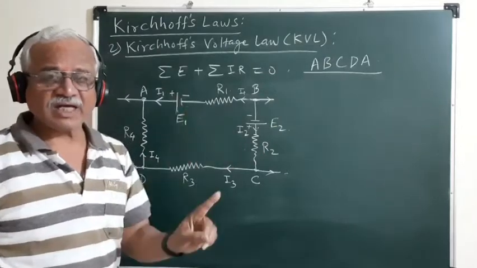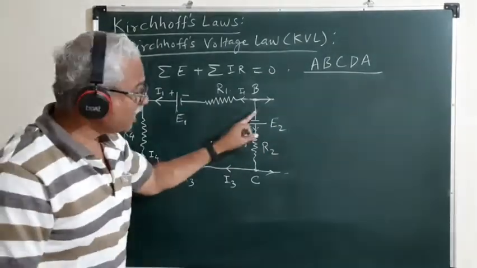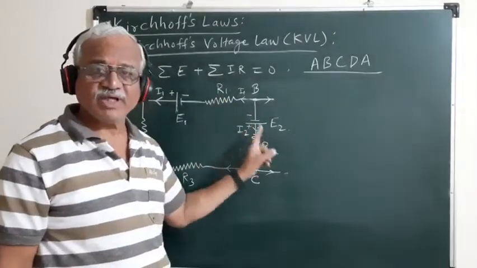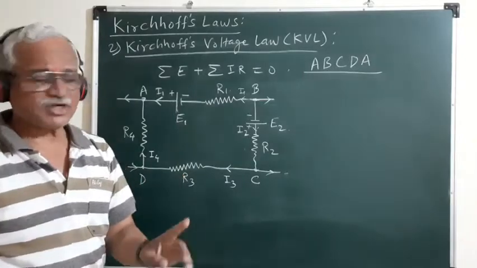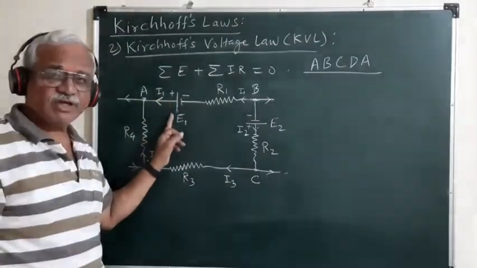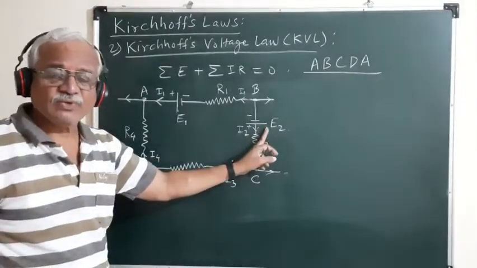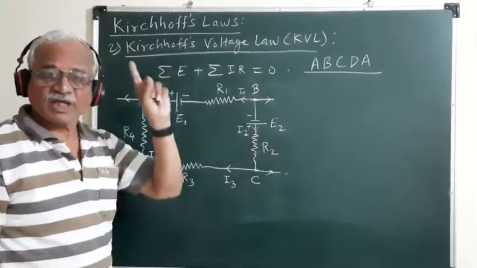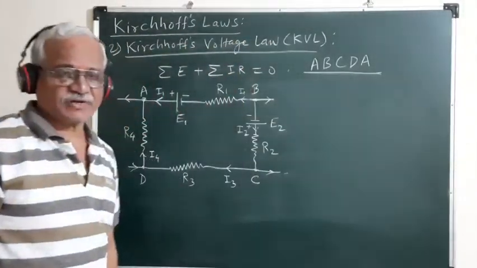And when we are traversing in such an increasing direction of the potential, the EMF of the source should be considered positive. So in accordance with this sign convention, the EMF of the source E1 should be negative and the EMF of the source E2 must be taken positive if we are traversing this loop in this direction.